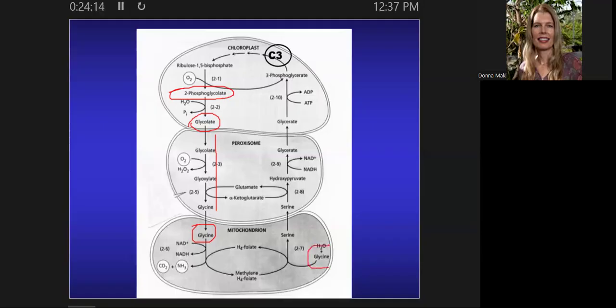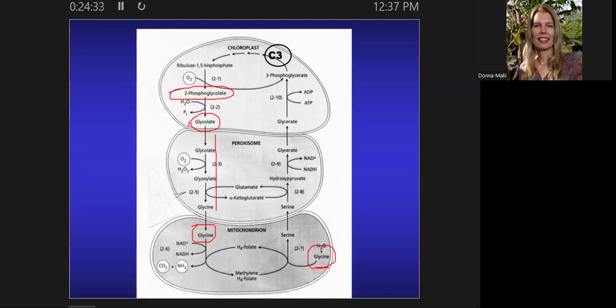Then if you look over here, there's another glycine. What they're trying to say in this way of depicting it is that you actually need two glycines coming in to continue on. So basically what that's saying is the PCO has to run twice.